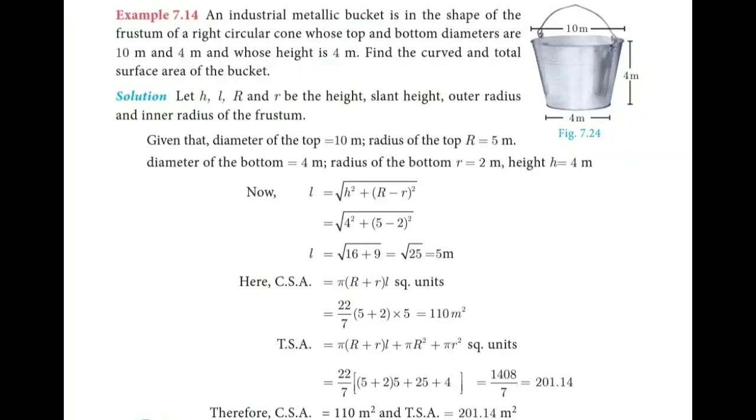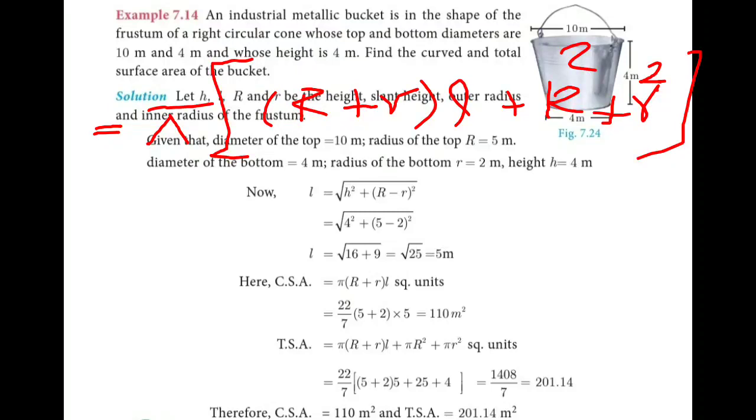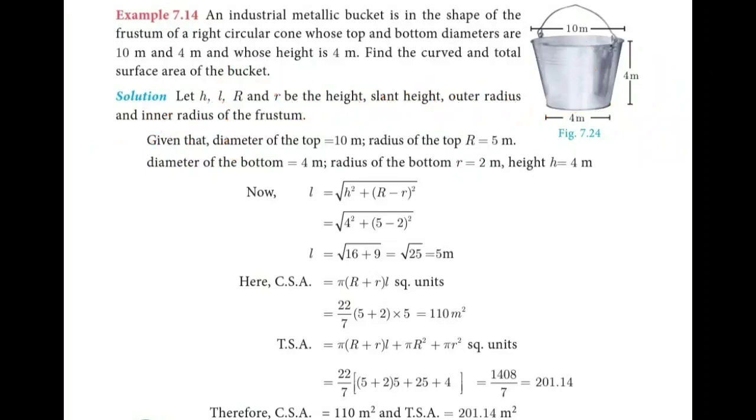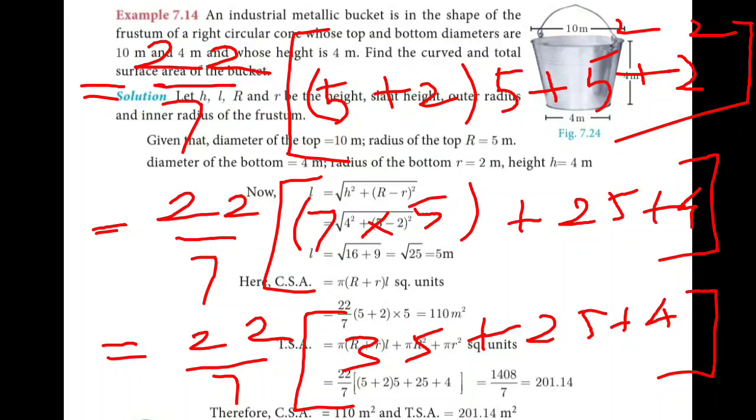Then TSA of the metallic bucket is equal to pi into capital R plus small r into L plus pi into capital R squared plus pi into small r squared square units. Here taking pi as common, pi into capital R plus small r into L plus capital R squared plus small r squared. Then 22 divided by 7 into 5 plus 2 into 5 plus 5 squared plus 2 squared.